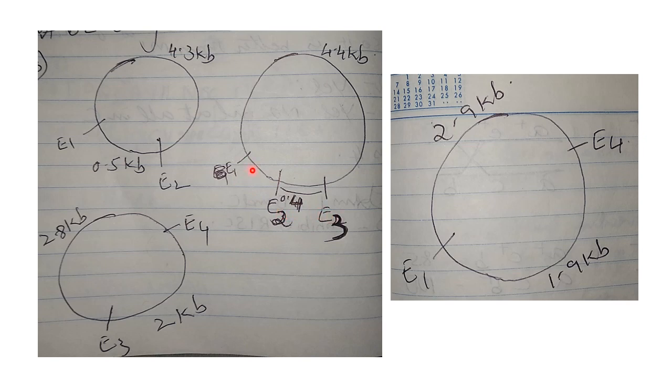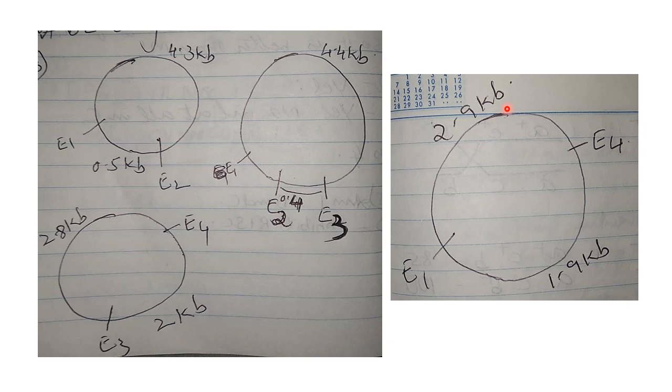E2 will be flanked by E1 and E3. Only then you will get a 0.4 kb or 400 base pair band and a 4.4 kb vector band. Now E3 and E4, you know the position of E3 and E4. So here you will get a 2 kb band and a 2.8 kb band. Now E1 and E4, this will be 1.9 kb and this will be 2.9 kb band.